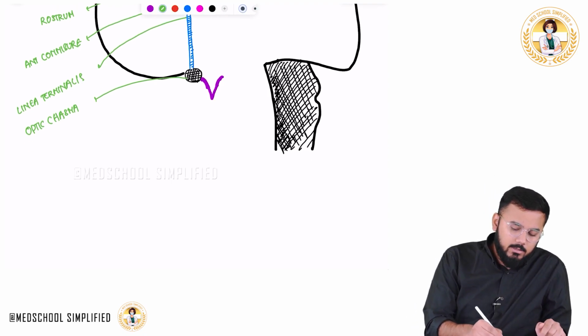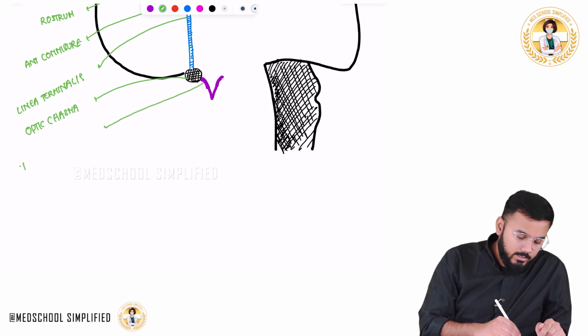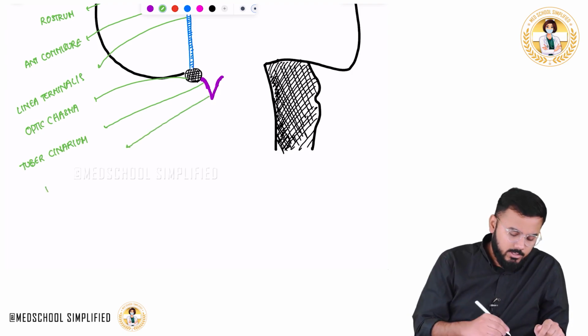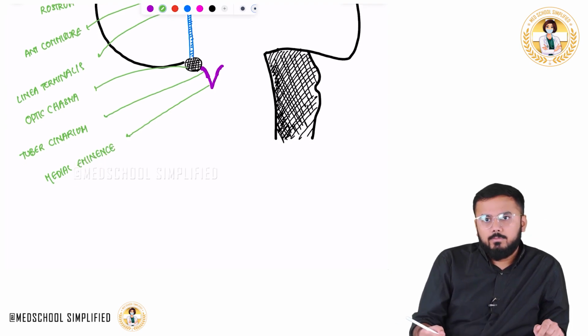So, let me just write this down. So, this structure over here is called as tuber cinereum. Now, tuber cinereum joined together to form a conical shaped structure. This is called as median eminence. Okay.